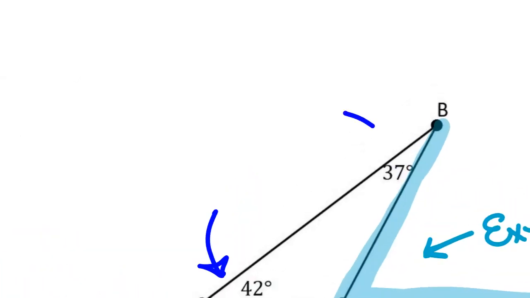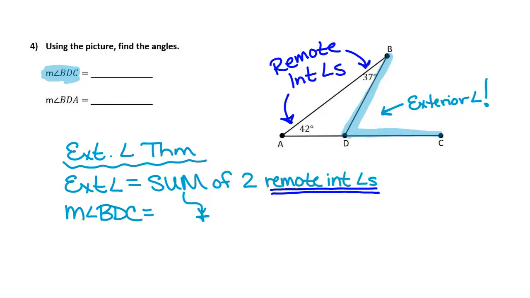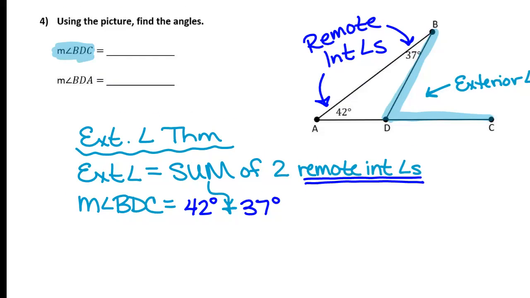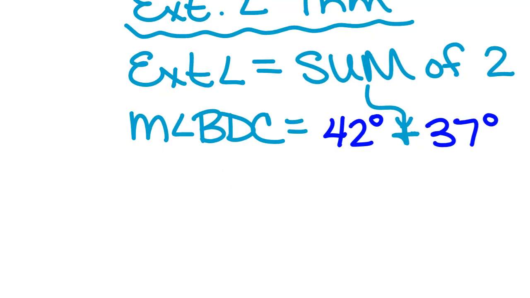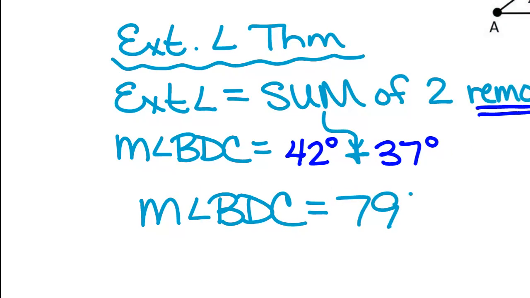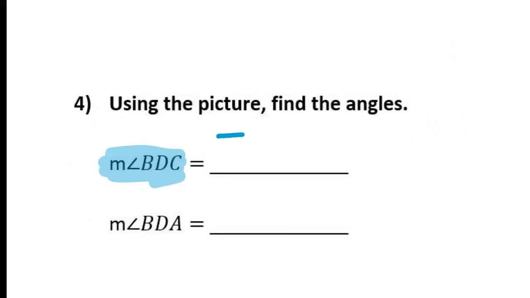And angle B. These are the remote interior angles. So 42 plus 37. What do you get when you add 42 and 37 together? How much? Not 78. 79. 79 degrees.